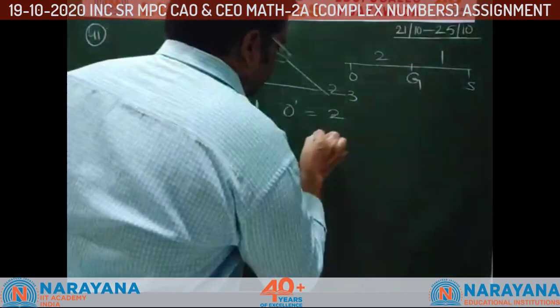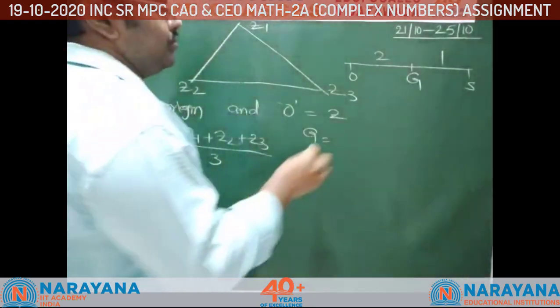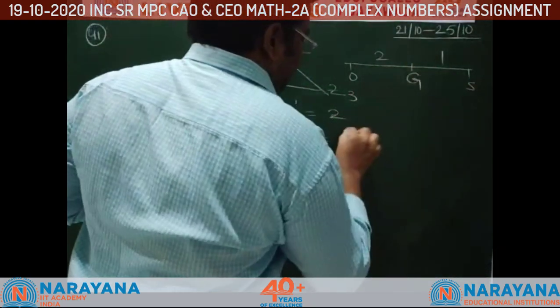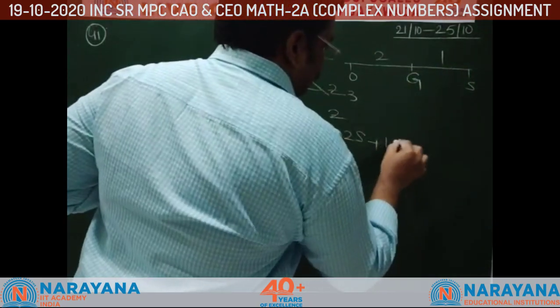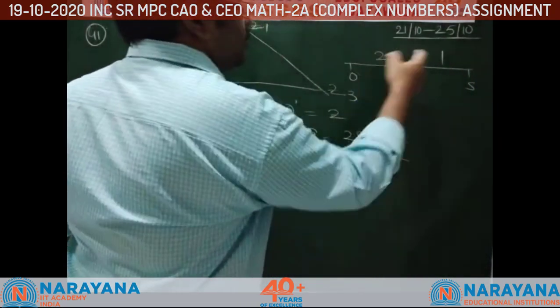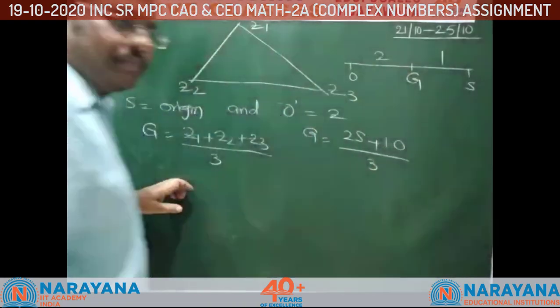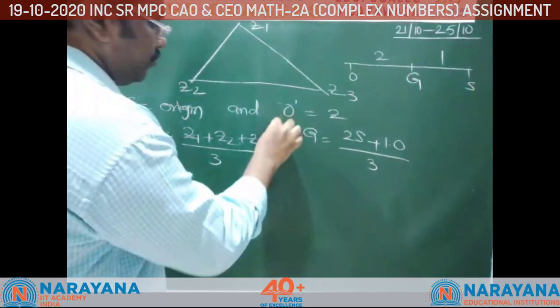Therefore, G is equal to (2 into S plus 1 into O) divided by (2 plus 1), which is 3.